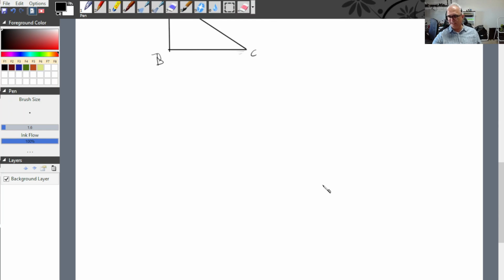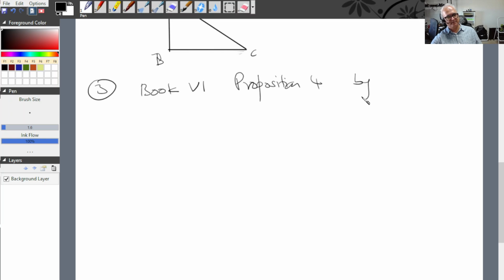And the third one is not very commonly known. This is book 6, proposition 4 by Euclid. And this deals with the relationship between similar triangles.